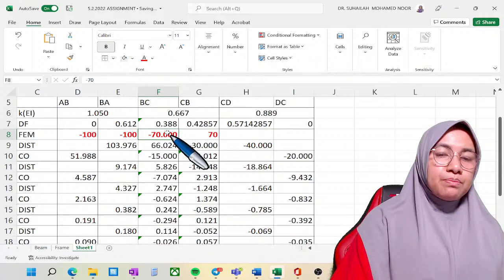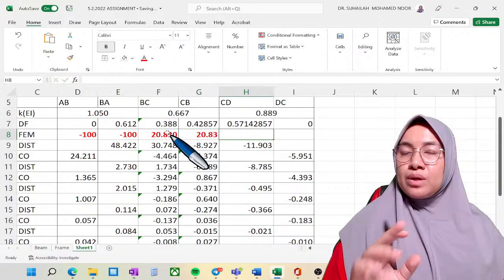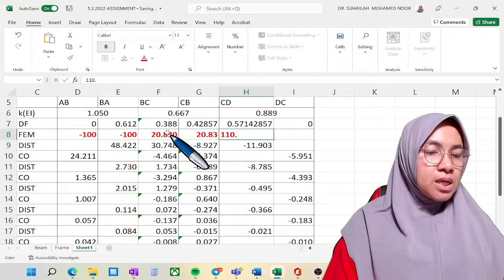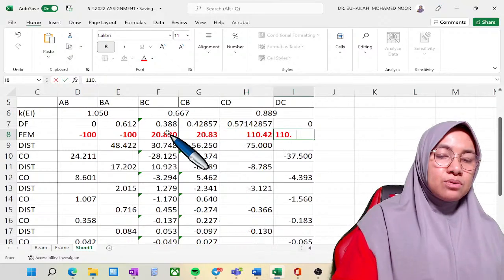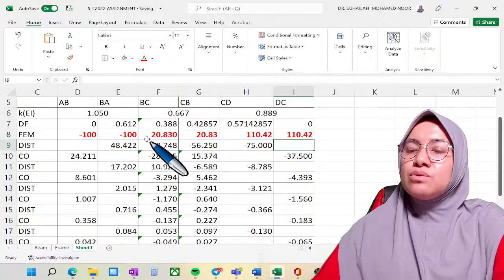And then FEM for CD, we get positive, right? So it is 110.42.